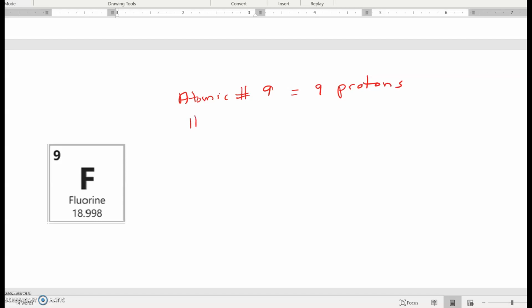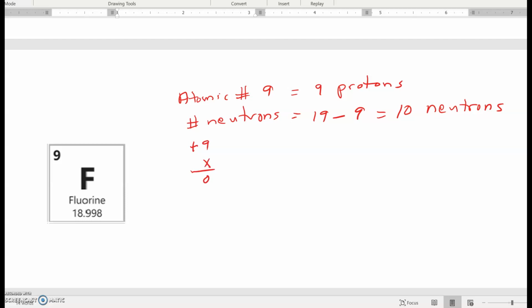For number of neutrons, we're going to subtract from the atomic mass. So that's going to equal, we're going to round this mass to 19 minus the 9 protons, and that's going to give us 10 neutrons. Now, if I have a positive 9 charge and it's neutral, I have to add up to 0.